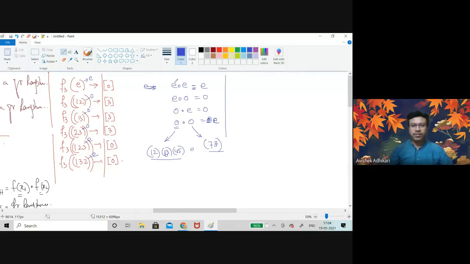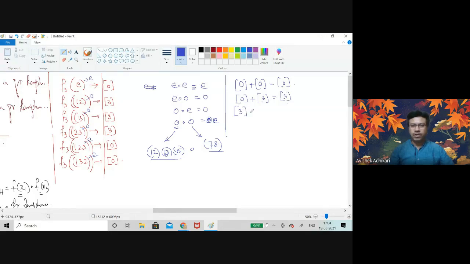So for even, you are getting 0, and for odd, you are getting 3. So even, even means 0 plus 0, you get 0. Even means 0 plus odd means 3, you get class 3. That means odd.